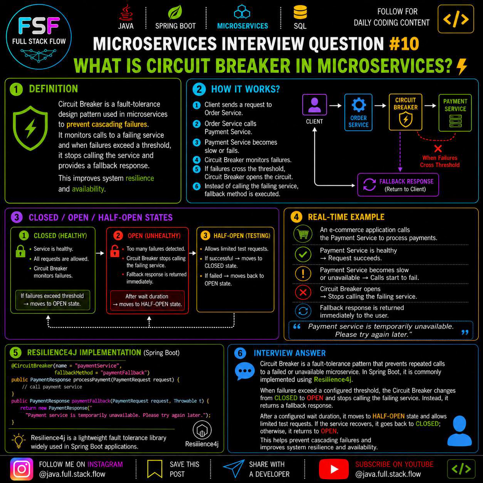The name identifies our circuit breaker configuration, and fallback method tells Resilience4j which method should be called when the fallback needs to be executed. The fallback method can return an alternative response such as payment service is temporarily unavailable, please try again later. So instead of continuously calling the failing service, our application can gracefully handle the failure.